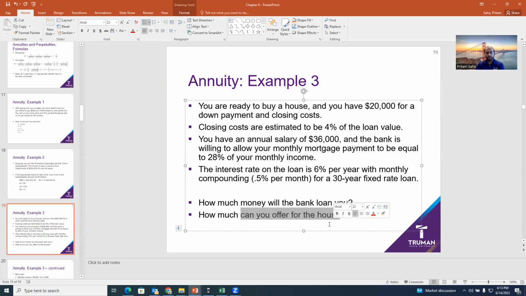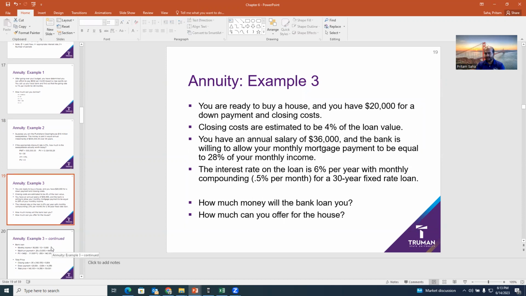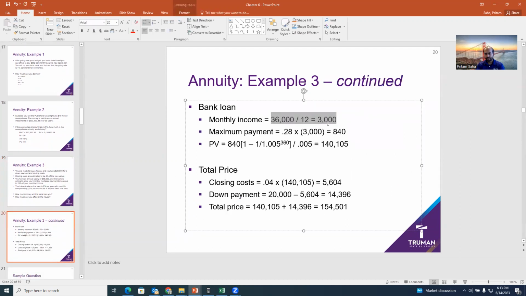Let's do it step by step. Our first step is monthly income. The bank said 28% of the monthly income can be used to pay each month's installments.